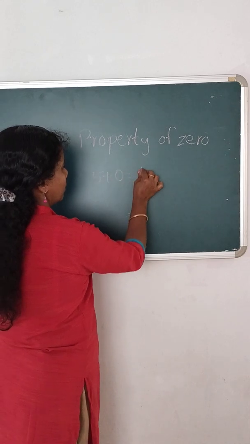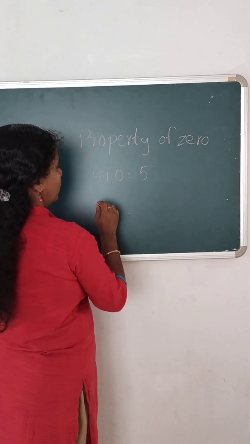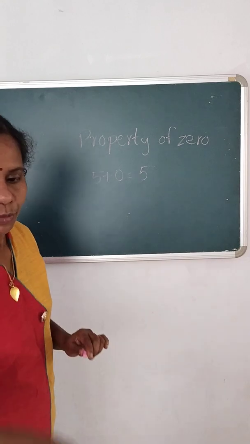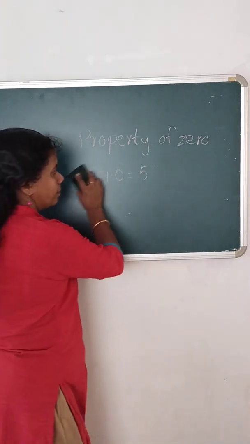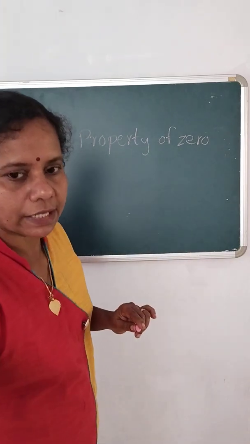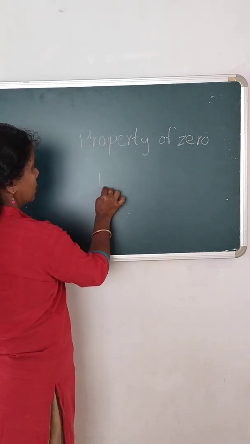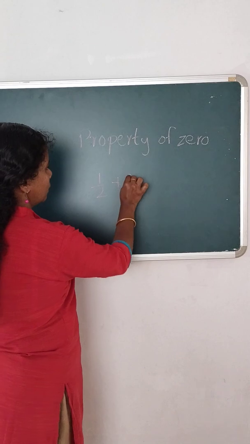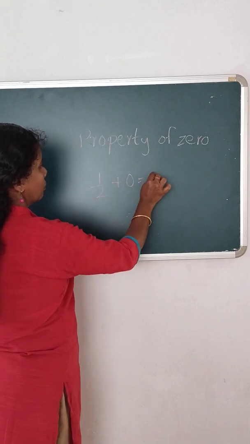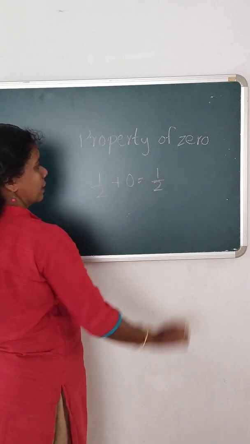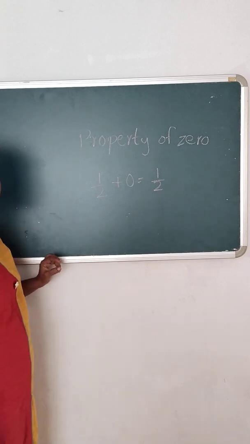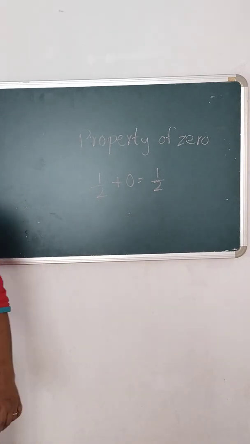You are getting the same number, isn't it? The same whole number. In the same way with a fraction, if you add 0, you will get the same fraction itself. 1 by 2 plus 0. What are you getting? 1 by 2 itself. Okay, that is the property of 0.